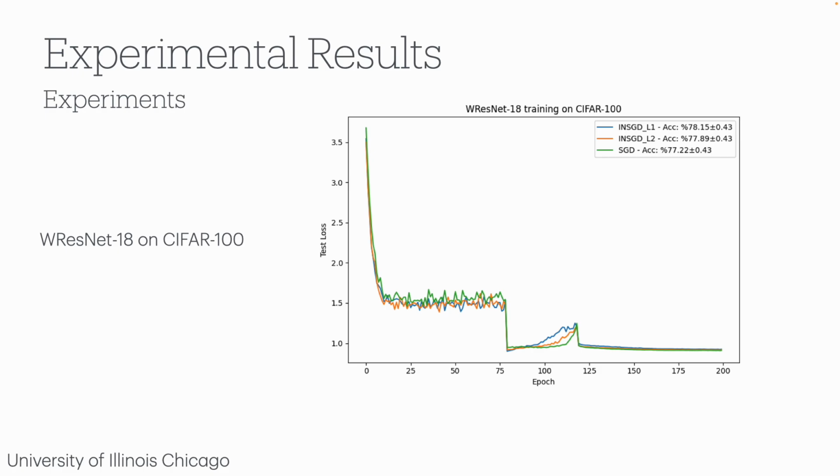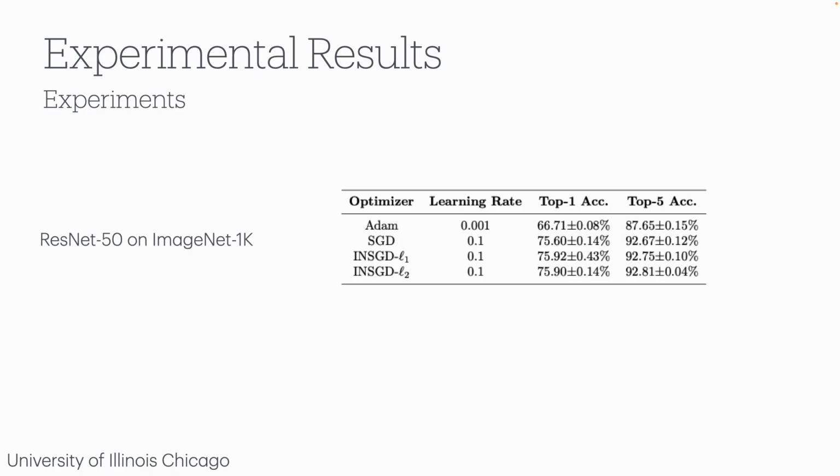If we further zoom in on the graph, you will see that. Finally, the results of training ResNet 50 on ImageNet 1K: we had an improvement of 0.32% mean accuracy with the help of INSGD compared to SGD in ImageNet 1K training.